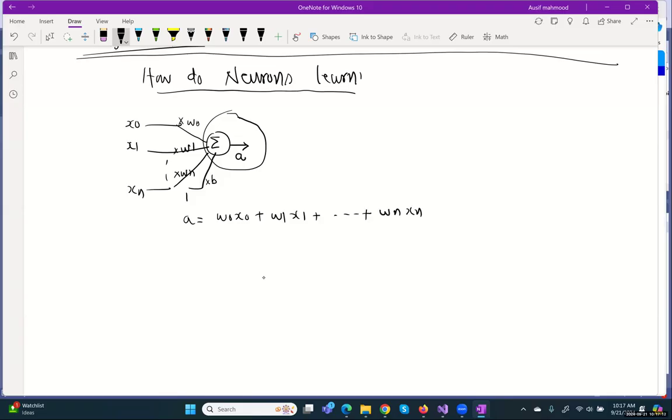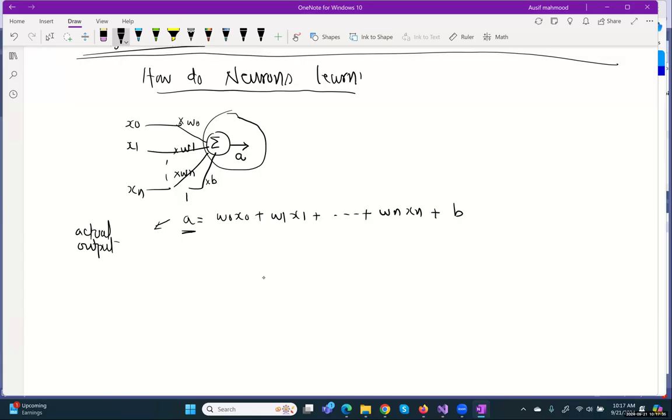Whether I write Xn first or Wn first doesn't matter. And plus 1 times B, which is just B, right? The reason I'm calling it A is this is what I call the actual output. So I use my own terminology A to indicate this is the output being produced.